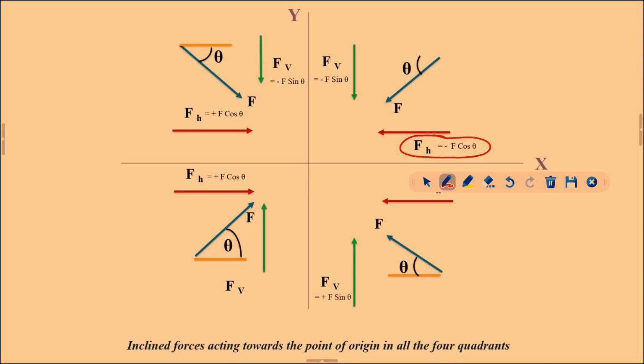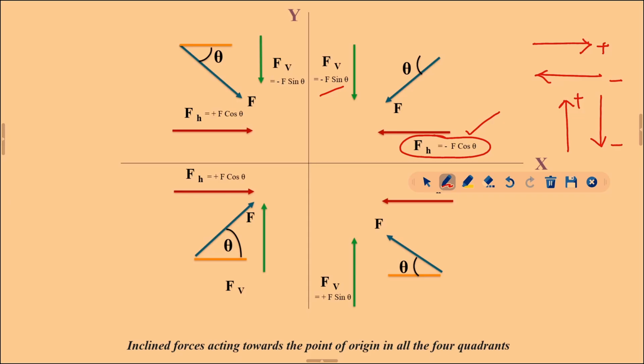We know that horizontal this way is positive, this way is negative, vertical upwards positive, vertical downwards negative. So, this force is acting from right to left, so minus F cos theta, and this force is acting downwards, so minus F sin theta. My force is acting in this direction.